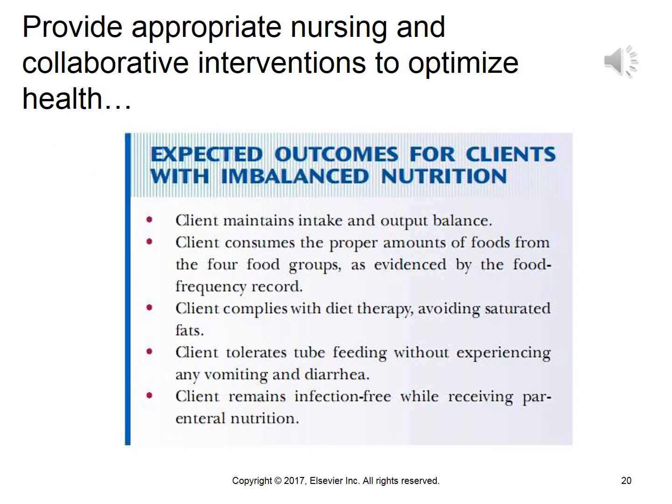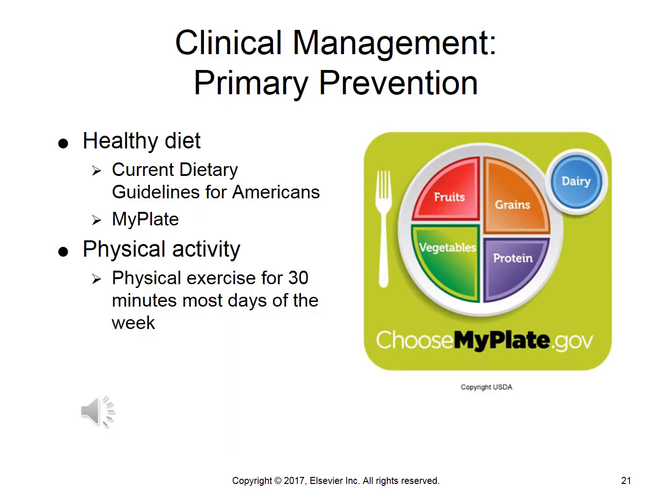Once we've made key nursing diagnoses, which we'll talk about a little bit in class, we will then determine the appropriate interventions to optimize that patient's health. Interventions may include putting in a referral for a dietitian or a nutritionist. We may be looking at menu planning, basic therapeutic diets such as low salt for hypertensive patients or low fat for heart disease patients.